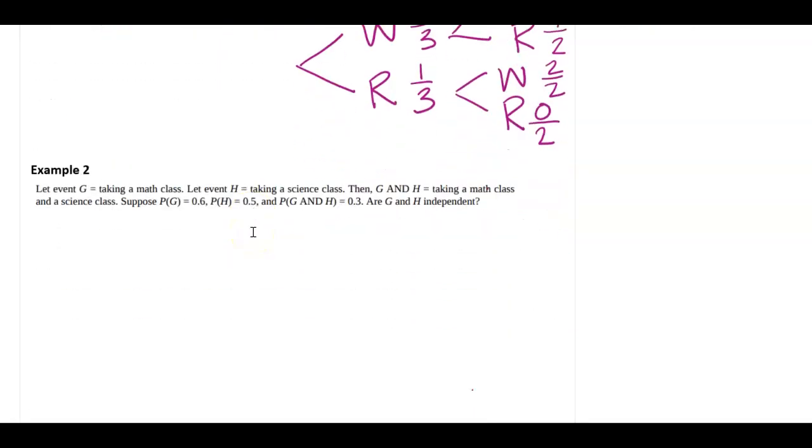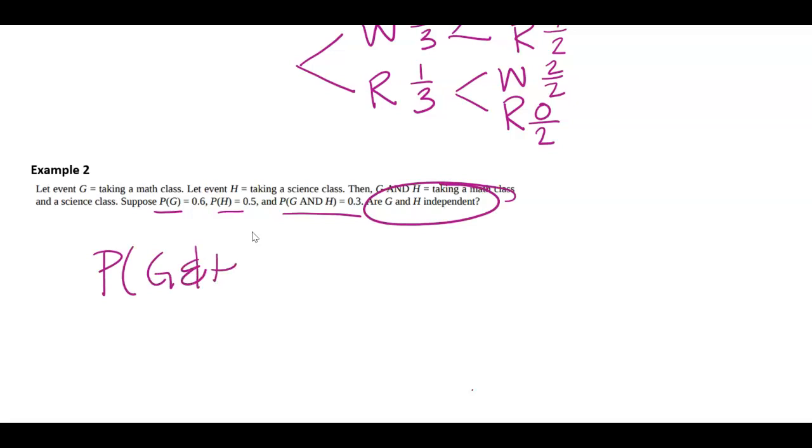All right, here's some verifying independence. So let's say that G is taking a math class and H is taking a science class, and H and G together are taking both. So I know these probabilities and I want to know, are they independent? Well, remember, if two events are independent, then this should be true based on our formula.